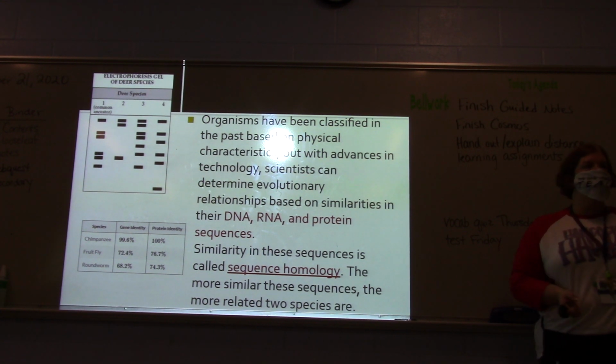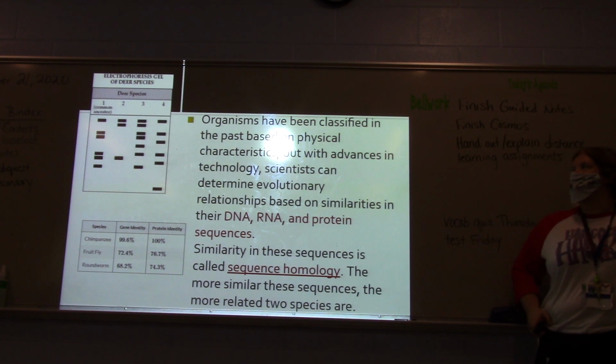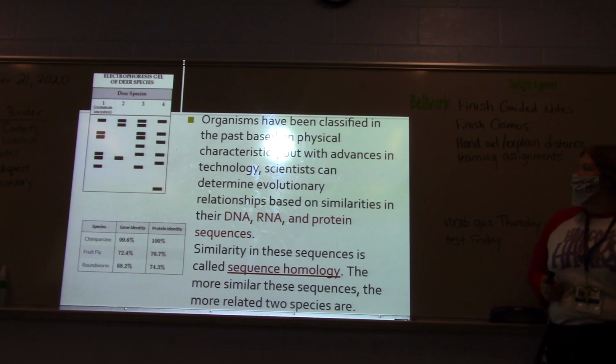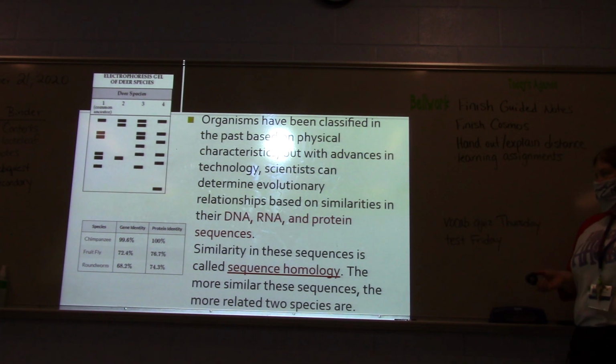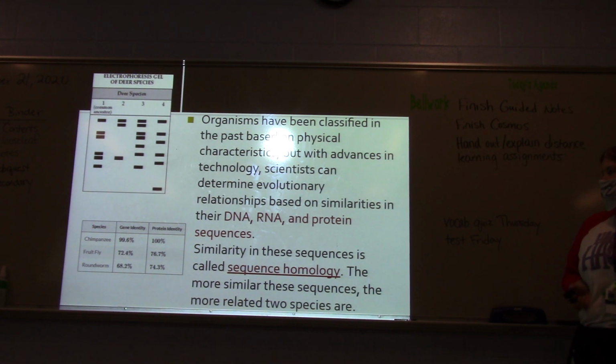So in the past, if you had 2 animals and you were trying to figure out if they're related, you just kind of looked at them, saw if they looked similar, and put them in a group together. Now we can do DNA testing, RNA testing, and protein sequence testing. And if they have similar sequences, it's called sequence homology. There's that word again, same sequences. So the more similar they are in these sequences, the more closely related the species are going to be.